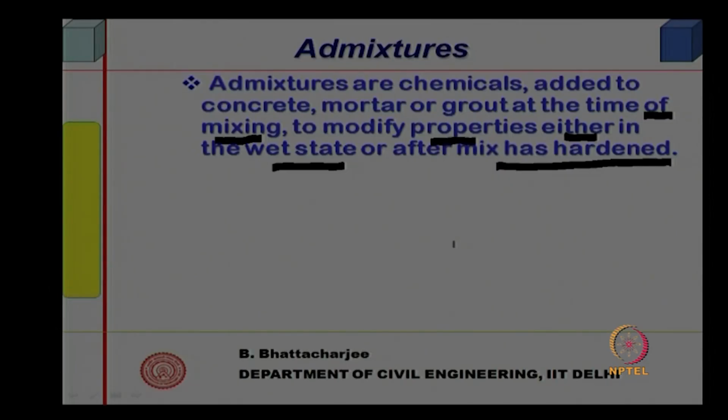So, admixtures are essentially added to the conventional concrete, I will say, which are cement, water, fine aggregate and coarse aggregate, to modify the property as we desire. The property can be properties during the setting stage or in fresh state or after it has hardened.